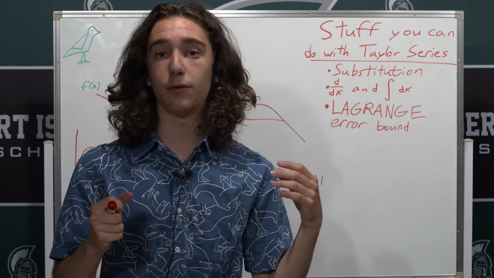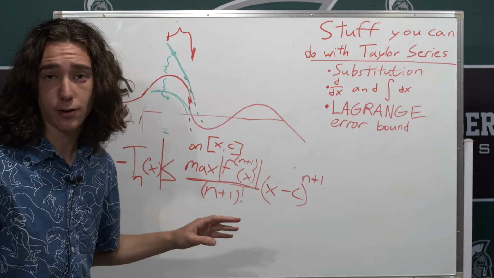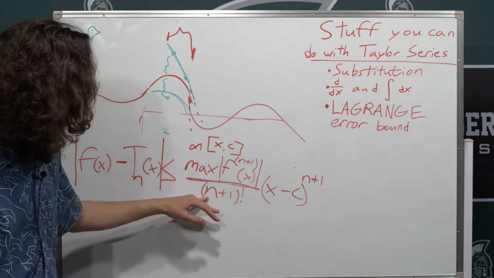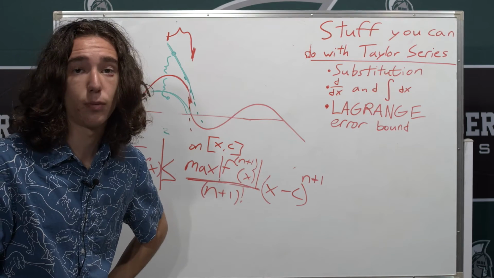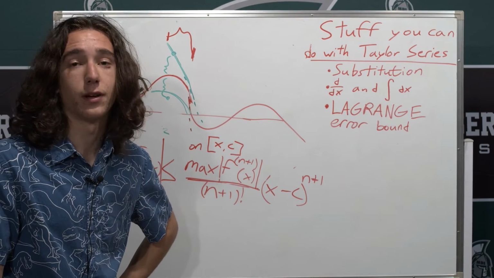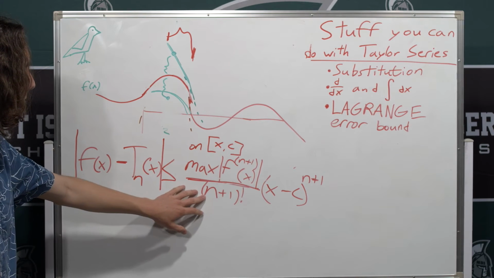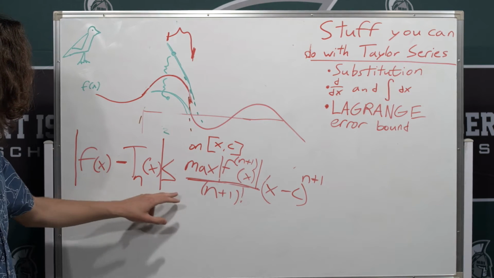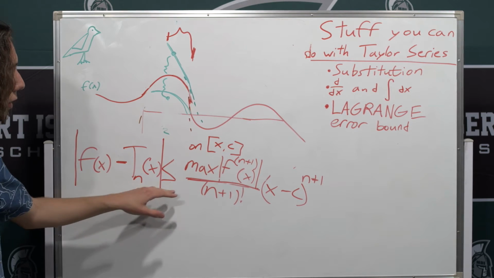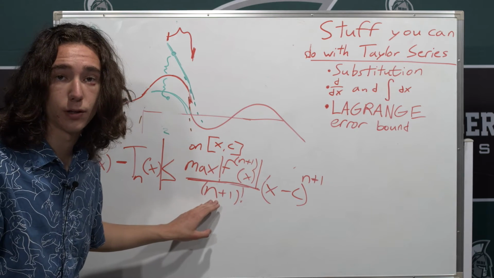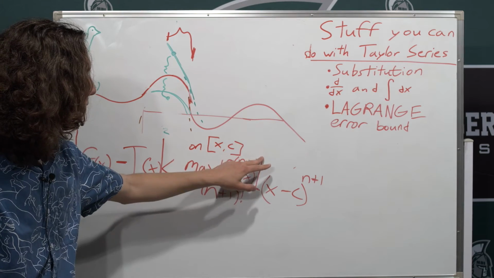But if you know that you take the form of our next term for our Taylor series, the Lagrange error bound. This is called the Lagrange error bound because the error bound part was discovered or invented by a guy named Lagrange. The Lagrange error bound of our Taylor series at some number of terms, if this was the fourth term, you'd look at the fifth term of our Taylor polynomial, take the maximum of this derivative, right?